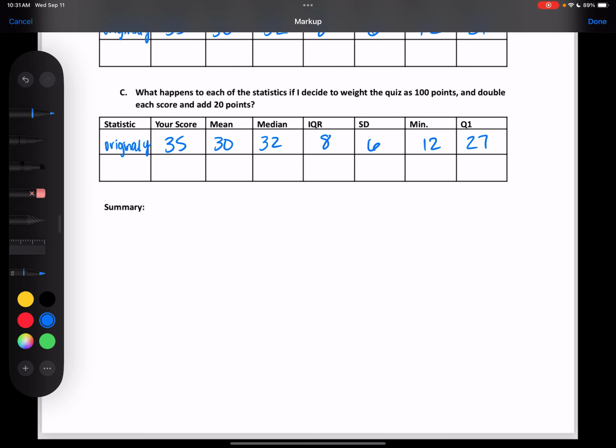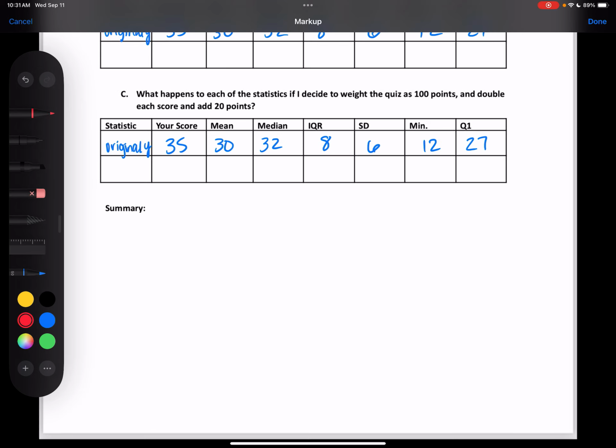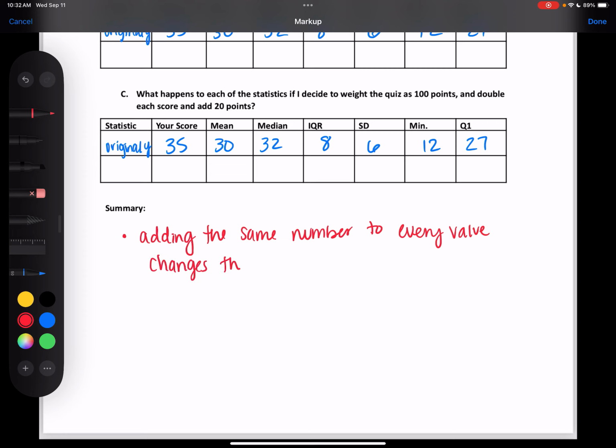All right. I'm going to go down here and do the summary part first, because you need to know this information to be able to answer these questions, so I'd rather just give it to you instead of saying everything twice. So adding the same number to each value changes the center and individual values.